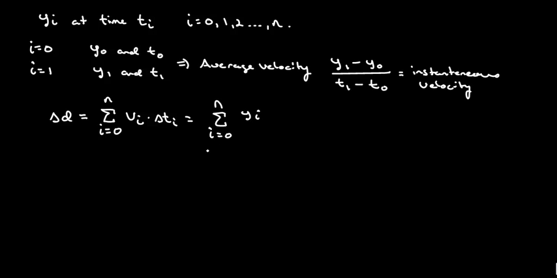Okay, so let me start this way. Instead of starting at 0, let's start when i is 1. Okay? And so what we'll do is we'll say this minus this. It's just a notation thing. It doesn't matter which way we do this. Over this minus, okay?